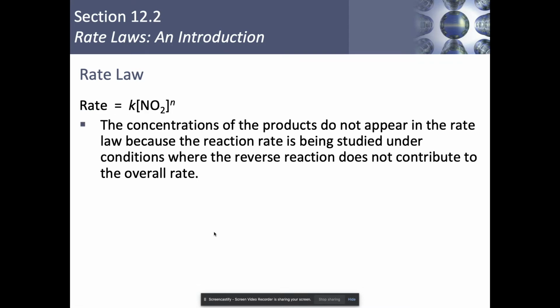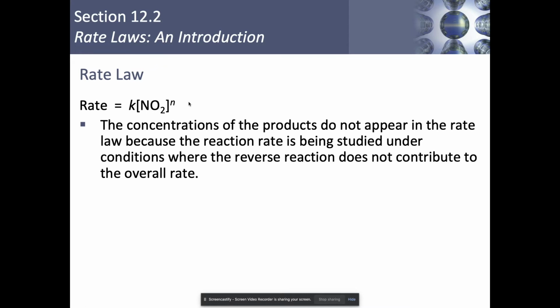Notice that when we write this down, rate equals k times NO2 raised to the n power, there was no nitrogen monoxide, right? There was no oxygen molecule in our rate law. The reason is that we are only interested in the reactants. If there was another reactant, your rate law might have it in it, and we would include that.